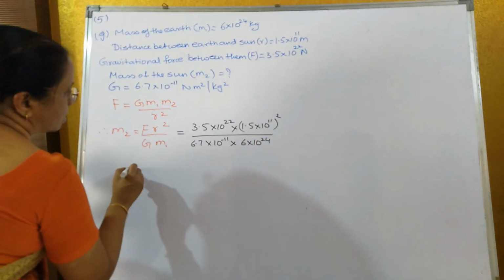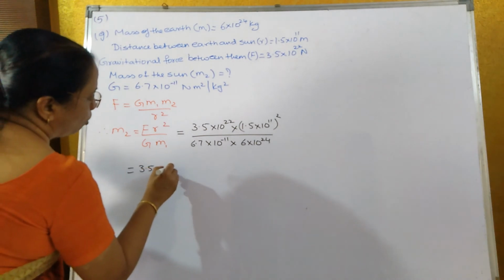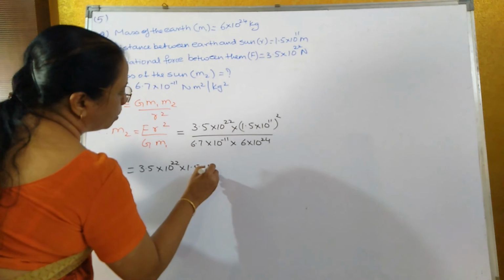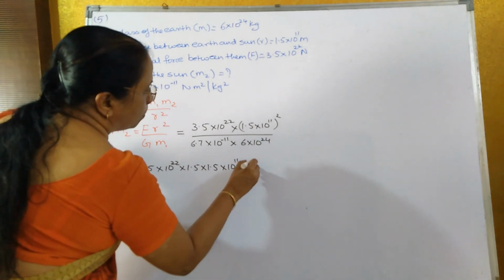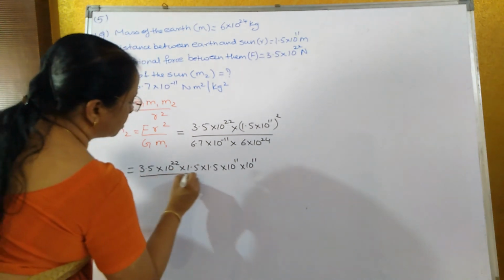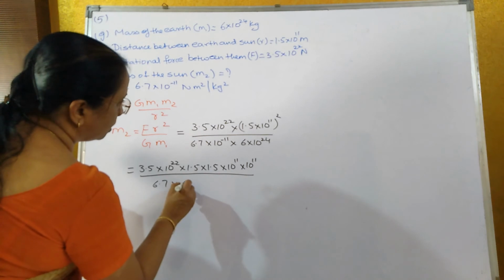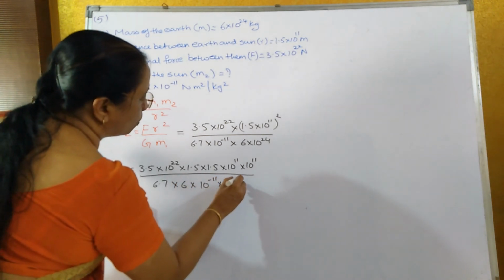So that is equal to 3.5 into 10 to the power of 22 into 1.5 into 1.5 into 10 to the power of 11 into 10 to the power of 11, since it is to the power of 2, upon 6.7 into 6 into 10 to the power of minus 11 into 10 to the power of 24.